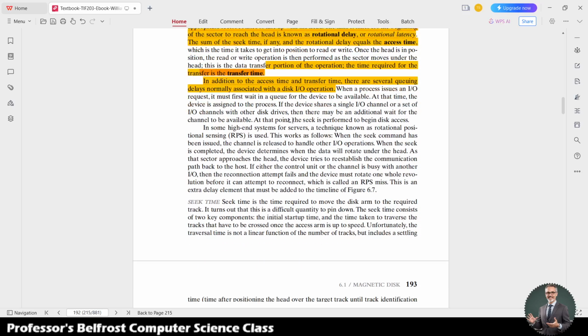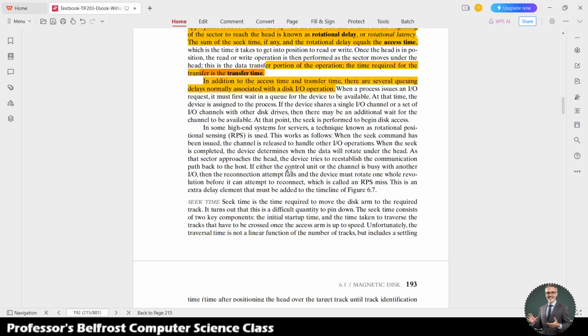In some high-end systems, a technique known as RPS, or rotational position sensing, is used, and this works as follows. The seek command is issued, and the channel is released to handle other I/O operations. When the seek is completed, the device determines when the data will rotate under the head. As that sector approaches the head, the device tries to re-establish the communication path back to the host.